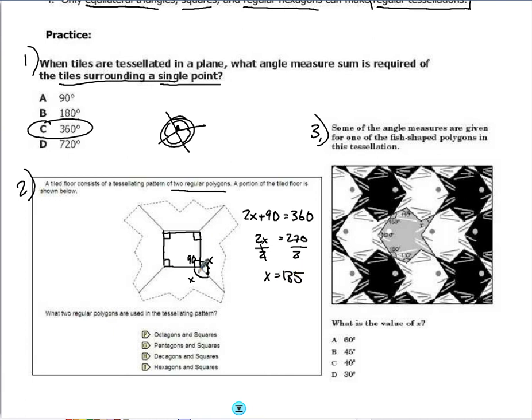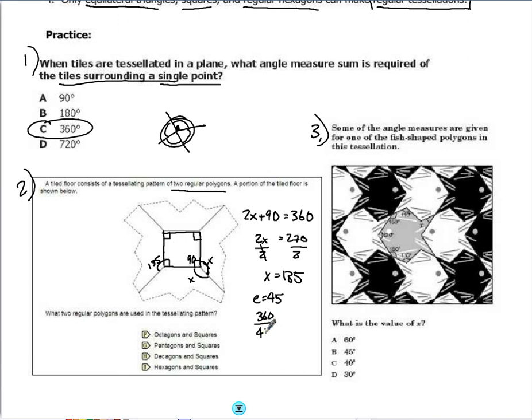What regular polygon has an interior angle of 135? We're going to go through those steps, right? If that's my interior angle, my exterior angle would be 180 minus 135, which is 45 degrees. And since the exterior angles have to add up to 360, I divide 360 by 45.